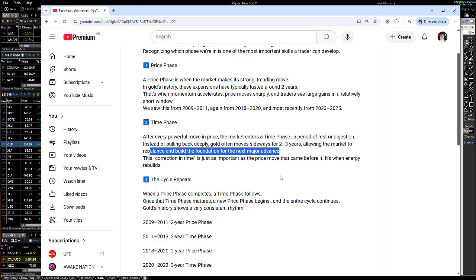Now, here's the thing. This is how markets work. In order for us to go to 10,000 gold, we need a refueling phase. It's not just going to keep going straight up to 10,000 gold. And if you think that, you're going to be hit with a hard reality, because no, this time is not different.